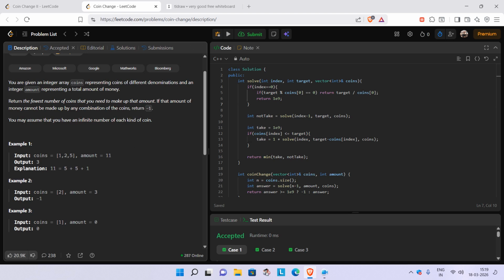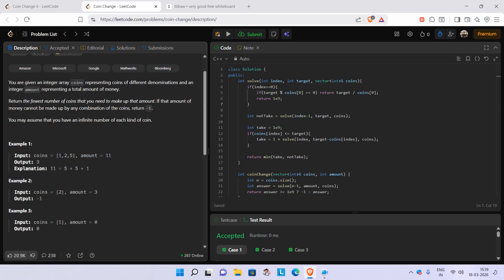Now we need to minimize the number of coins to form the target amount. At each step we try both choices and take the minimum from those cases. Whenever there are multiple choices, we have to try multiple configurations, so this naturally leads to recursion. Afterward we can see whether we need to optimize that part or not.